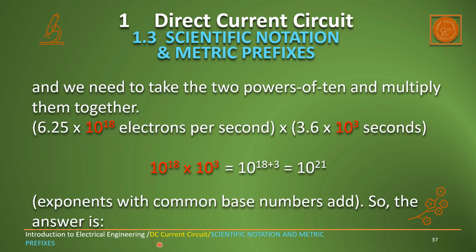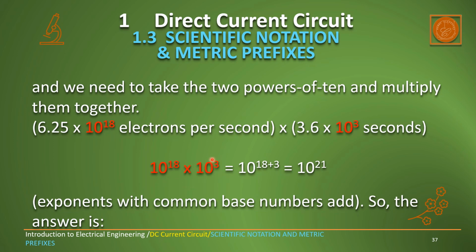And we need to make the 2 powers of 10 and multiply them together. From here it is 10 power 18 times this one, 10 power 3.